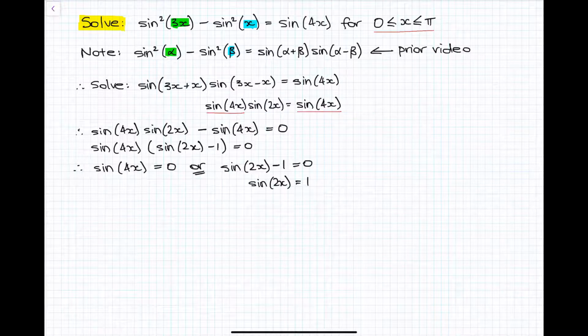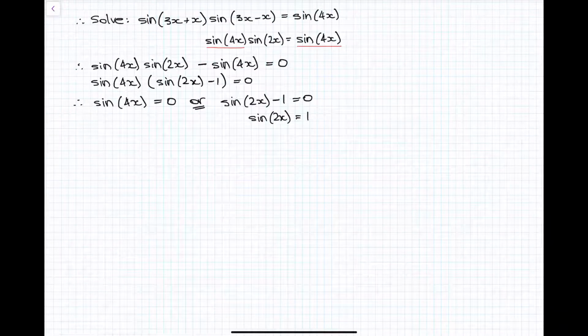These are fairly straightforward equations to solve. We could probably even just sketch up the curve of sine of 4x and see all the points where that curve is 0, and sketch up the curve of the sine of 2x and see all the points where that curve is 1, remembering that we're always doing it for the domain of x between 0 and pi. So maybe we'll do that now.